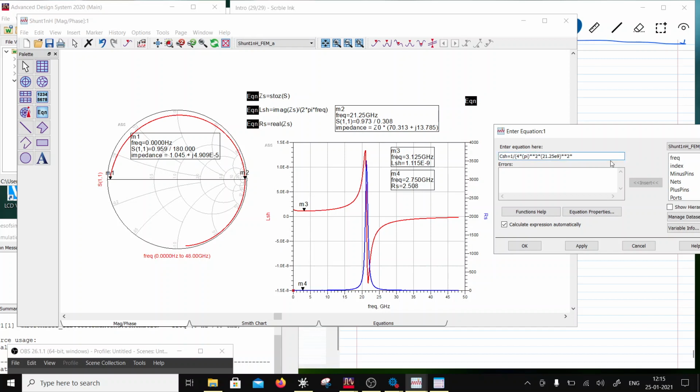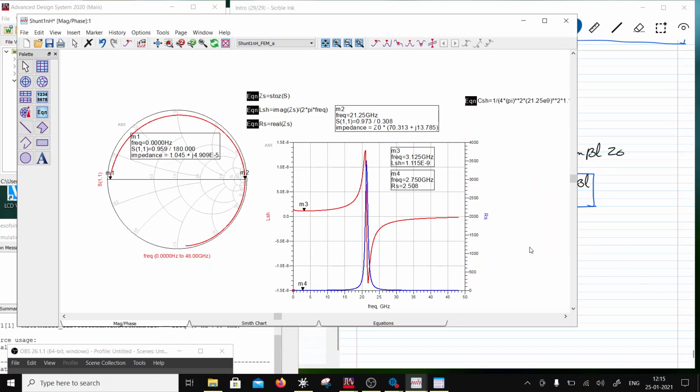The L value is 1.115e-9. So this would be the shunt capacitance, which will cause this anti-resonance to occur.